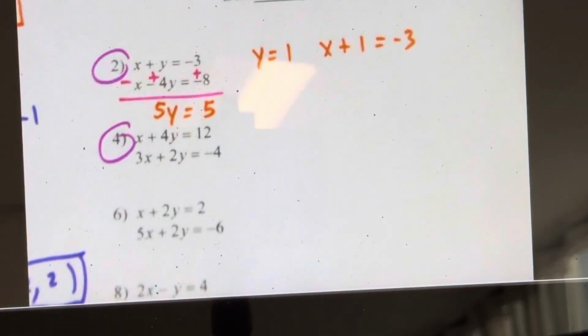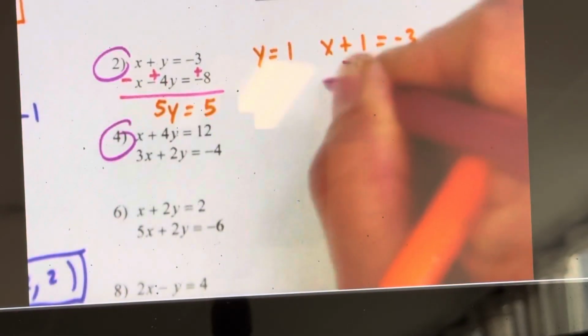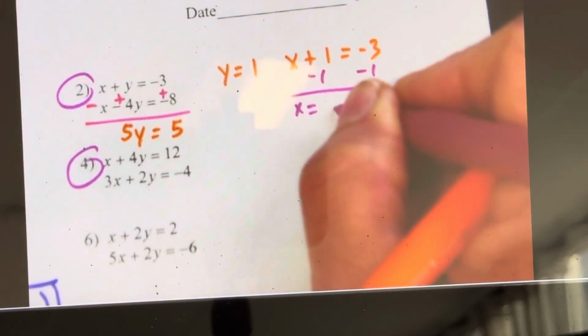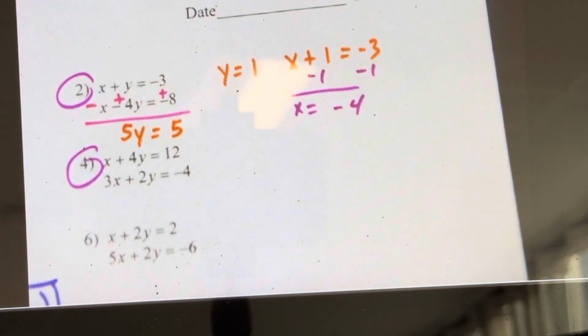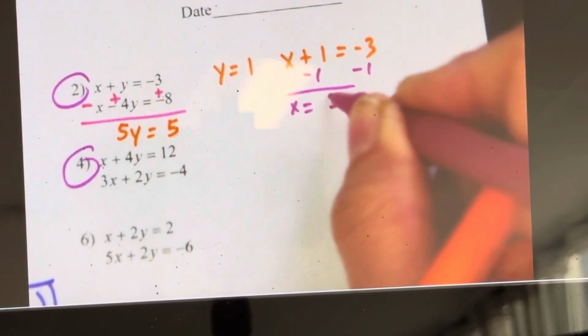And move it over. So what does x equal? Opposite of adding 1 is subtracting. And x equals negative 4. So my answer would be negative 4, comma 1.